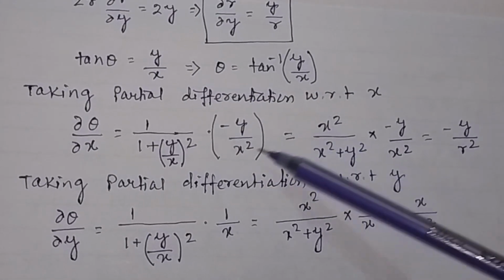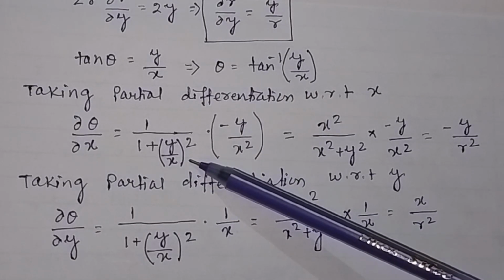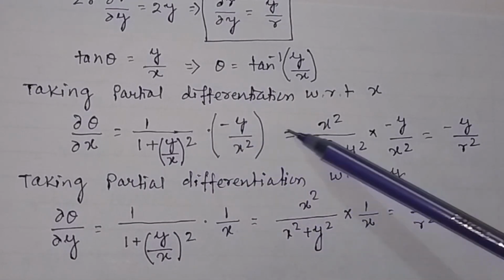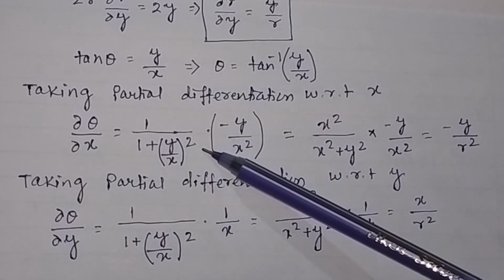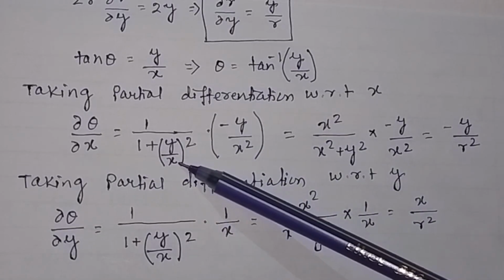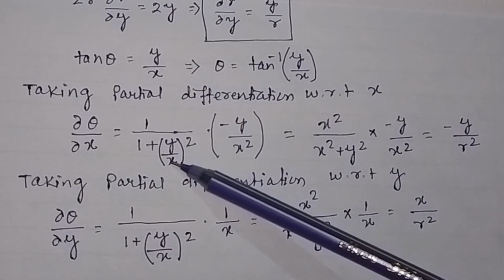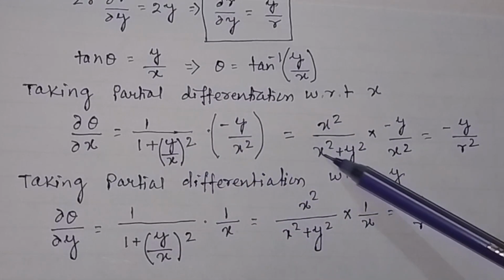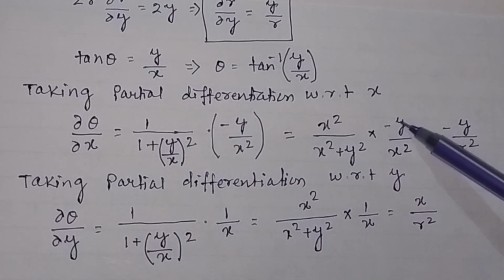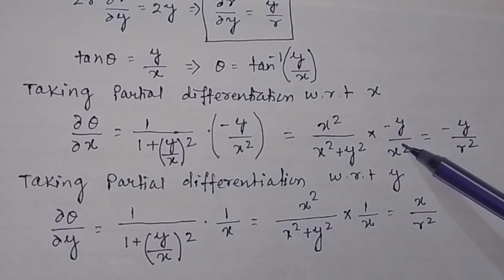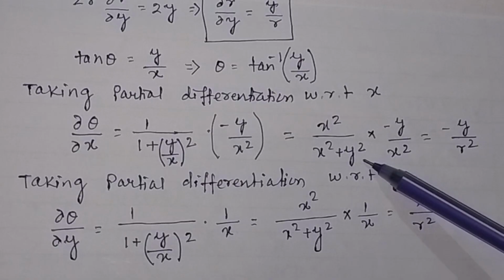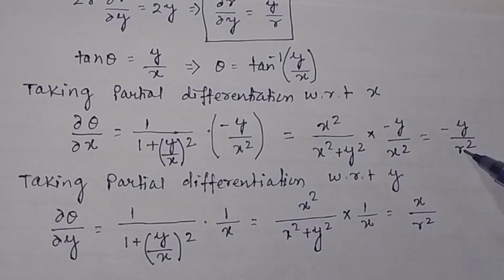This is the simple derivative of the tan inverse function. If you solve it, in the denominator you have x square, so you take it to the numerator: x square divided by x square plus y square, times minus y divided by x square. The x square cancels, so that will be equal to minus y divided by x square plus y square, which is equal to r square.